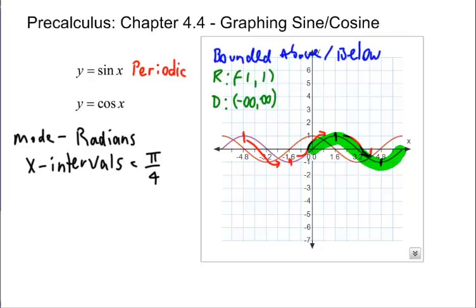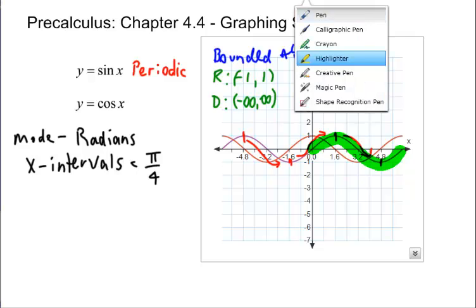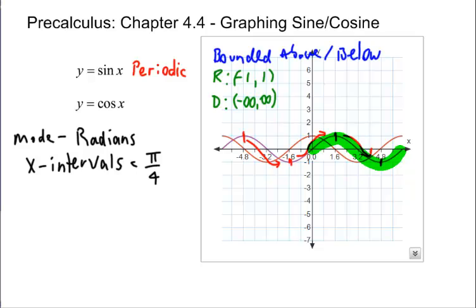So the cosine is the sine curve moved left by pi over 2 units. So these guys are very closely related. Everything we said about the sine is true for the cosine. They're going to make some really interesting graphs that we'll be able to examine and discuss over the next few days.